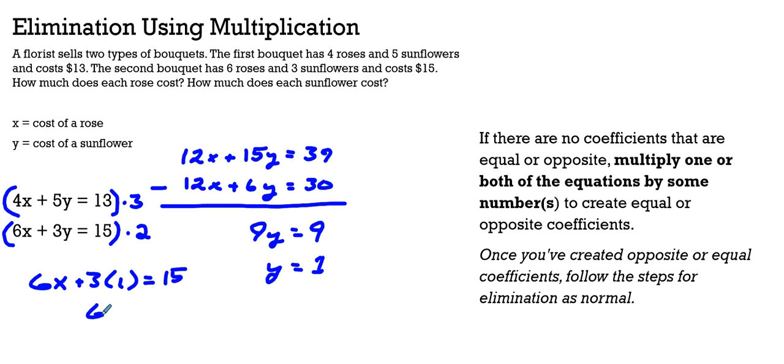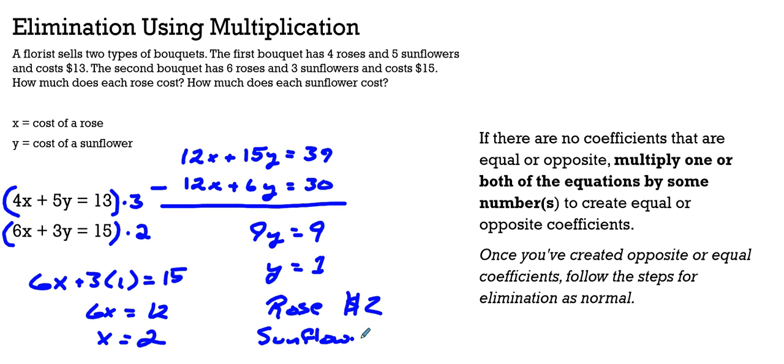So that's going to be 6x equals 12. X is going to equal 12 divided by 6, or 2. So roses are $2. Sunflowers are $1.